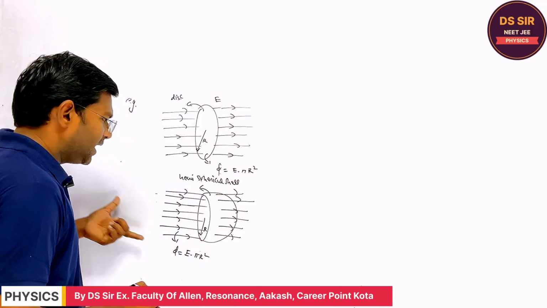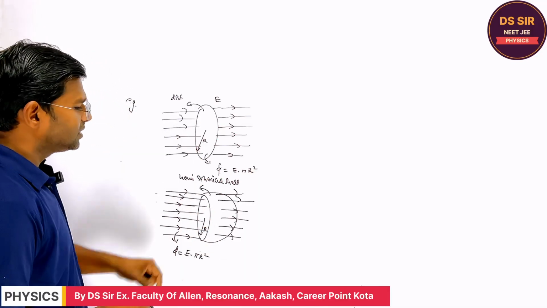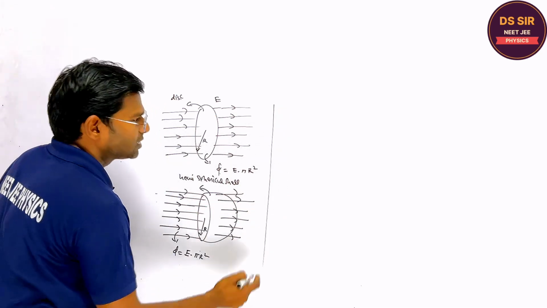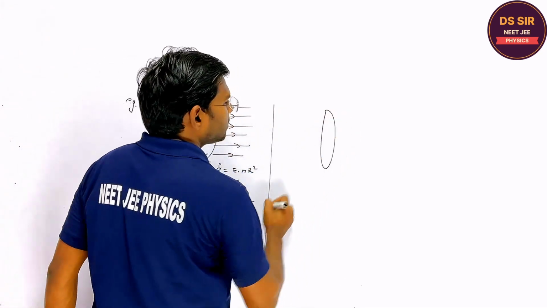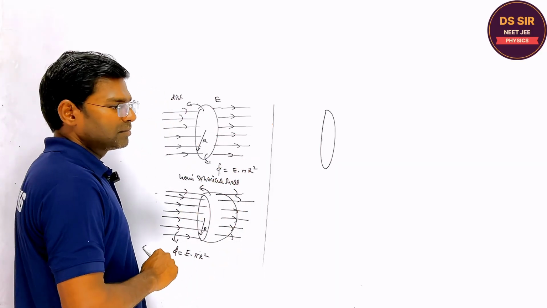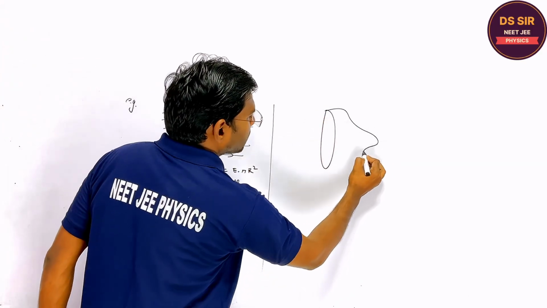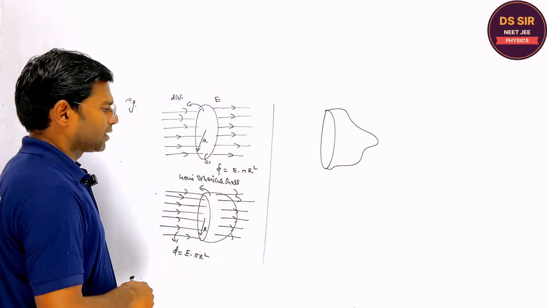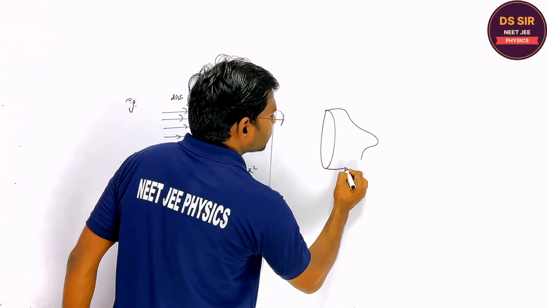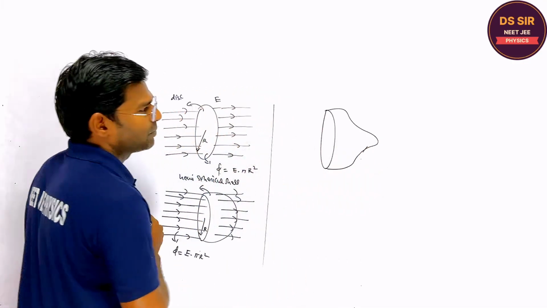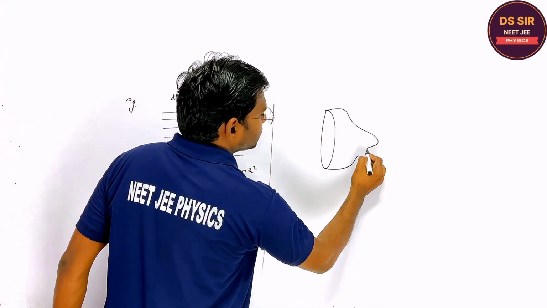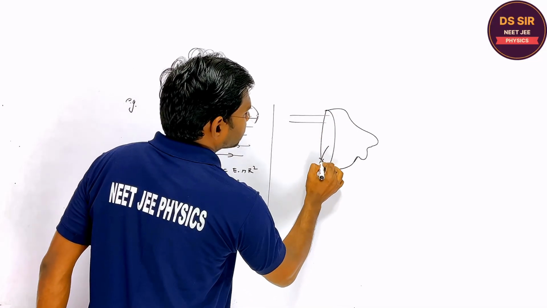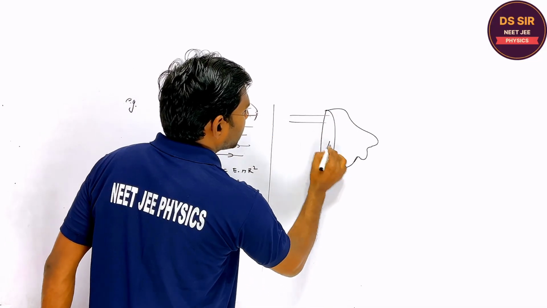So the flux entering, whether it is the disk or the hemispherical shell. Even, listen to one thing, if this is the circular portion and instead of this hemisphere there is a random, irregular shape, like this, you may assume, with radius r.